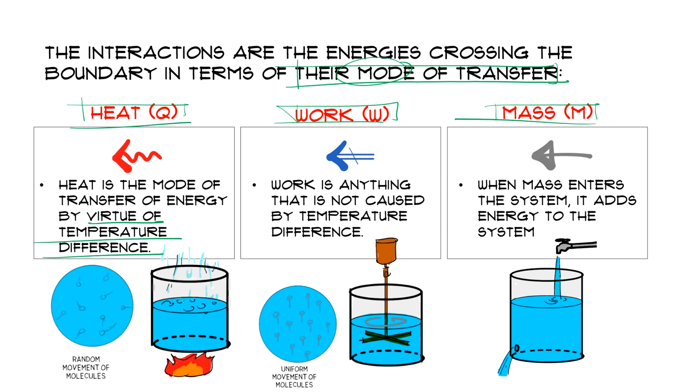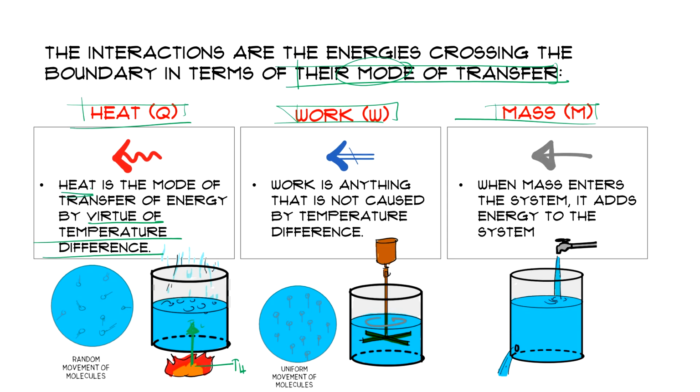Like for example, here in our figure, let's say we have a flame, and we have here a container, and we have a liquid, let's say liquid water. Because we have a higher temperature here, T high, and right here is going to be lower temperature, there's going to be a transfer of energy by virtue of temperature difference, and we call that mode of transfer heat.